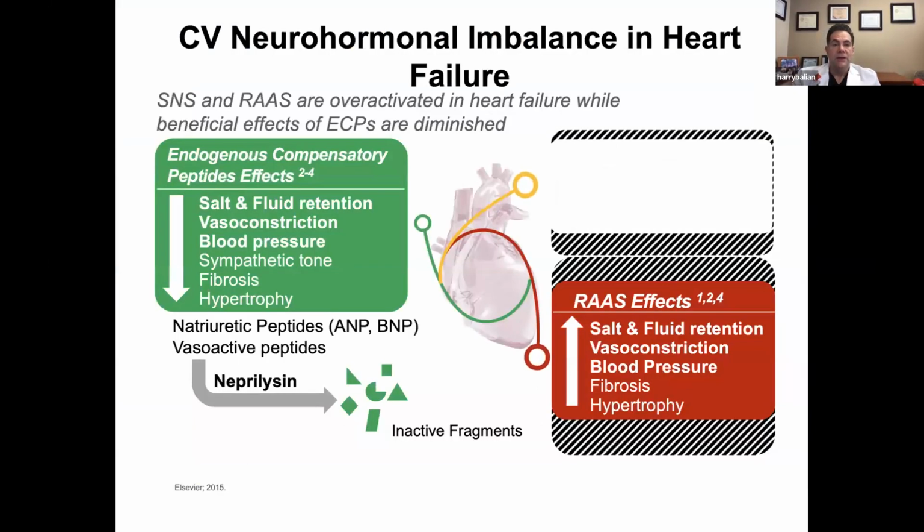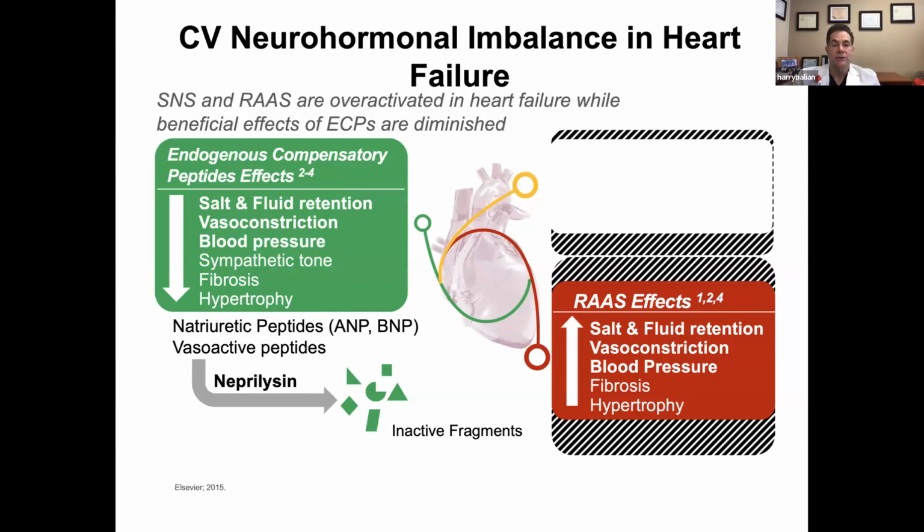So when you look at the neurohormonal chart, you have an imbalance of these neurohormonal mechanisms causing patients to go into heart failure. On the left side, the green is good, the red is bad. So when you have the endogenous compensatory peptides, that's a decrease in salt and fluid retention, decrease in vasoconstriction, decrease in blood pressure, decrease in sympathetic tone.